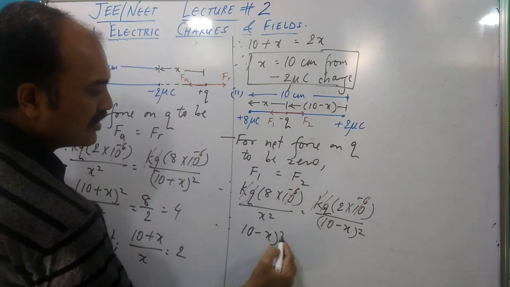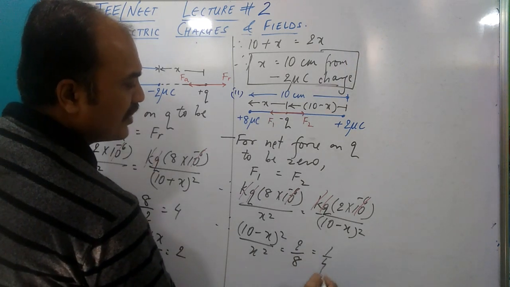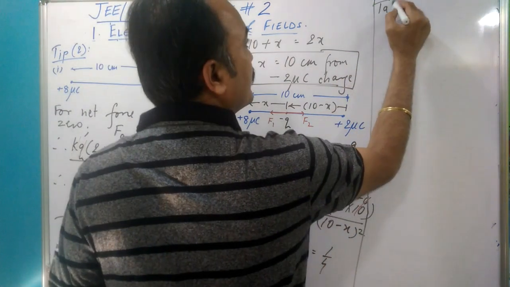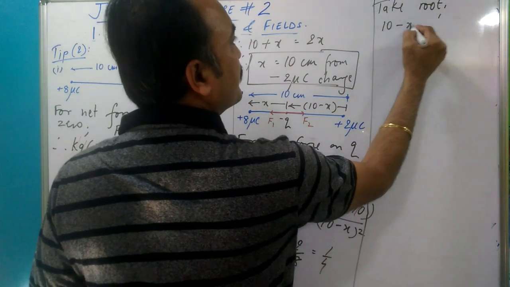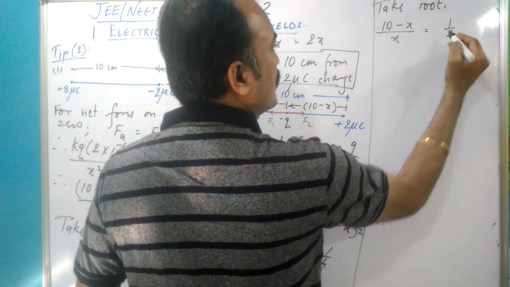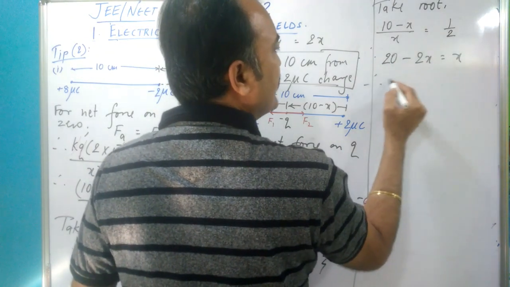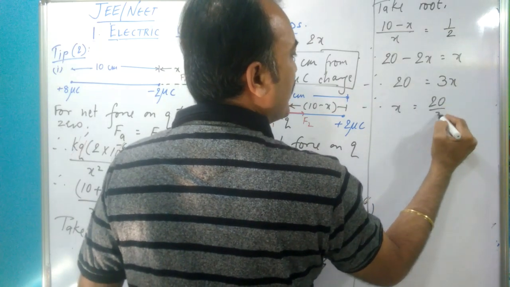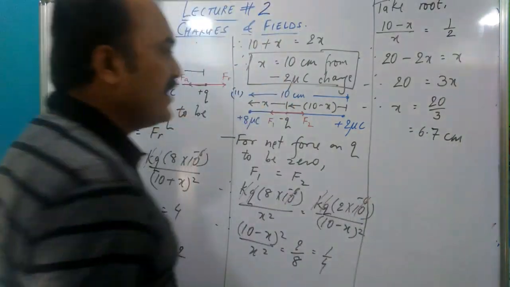So 10 minus x the whole square by x square is 2 by 8, which is 1 by 4. Nothing except taking root. So take root. So we have 10 minus x by x. 1 by 4 root is 1 by 2. Let's cross multiply. 20 minus 2x is x, which gives me 20 is 3x. So x is 20 by 3 or 6.67. We'll call it 6.7 centimeter.